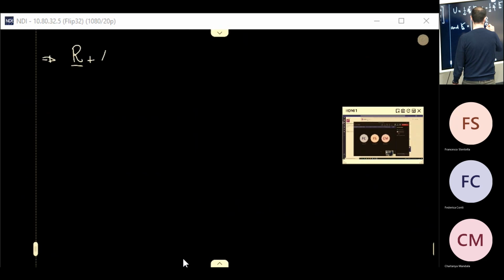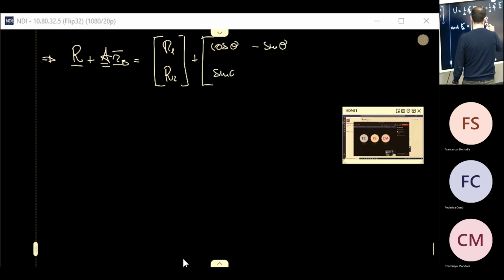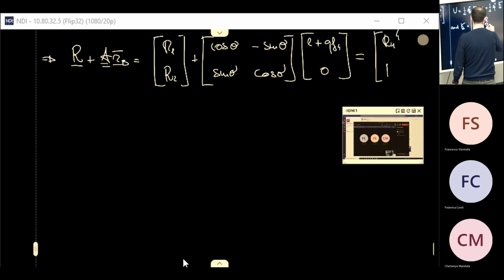R plus A times RB becomes R1, R2, cosine of theta minus sine of theta, sine of theta, cosine of theta, applied over L plus Q4, 0, equal to R1,4, R2,4.